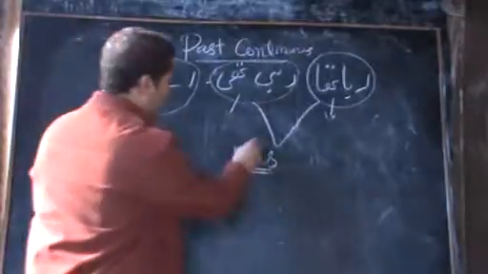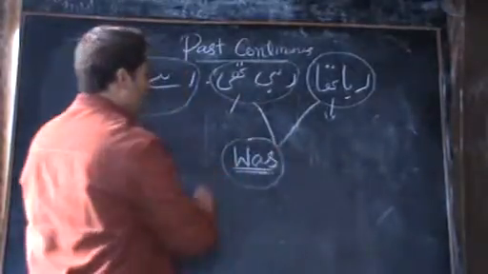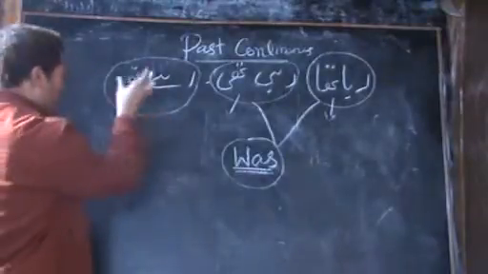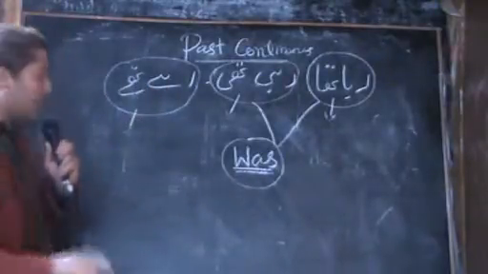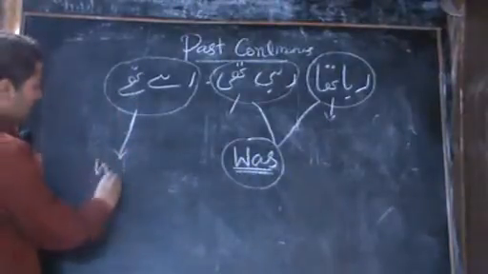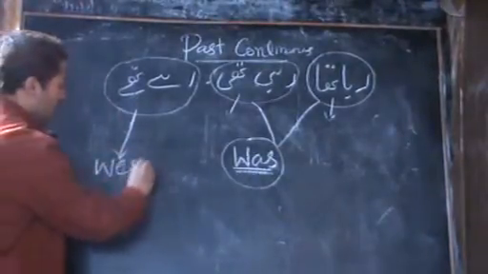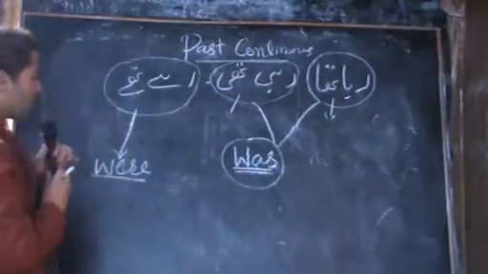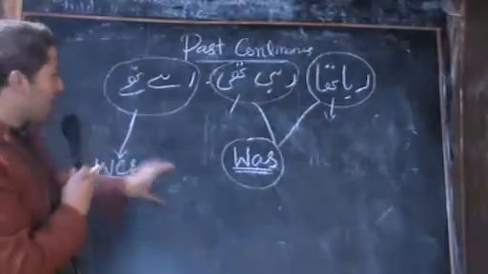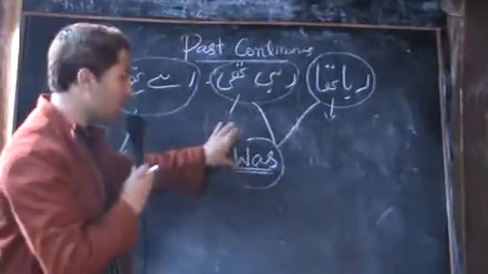And for rahe the, we use the plural form of helping verb, that is were. This is the plural helping verb, and this is the singular helping verb.